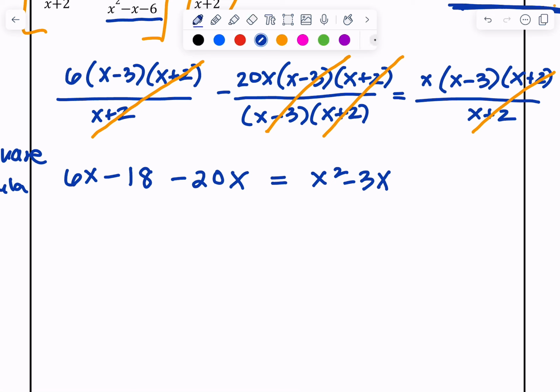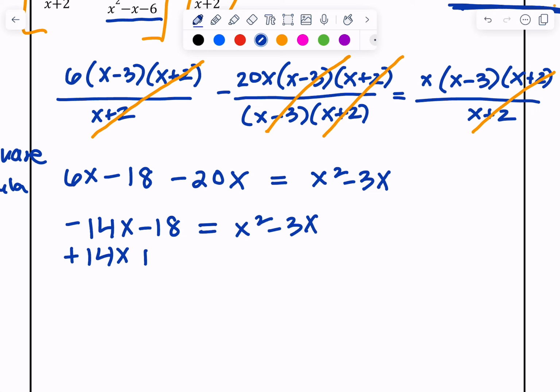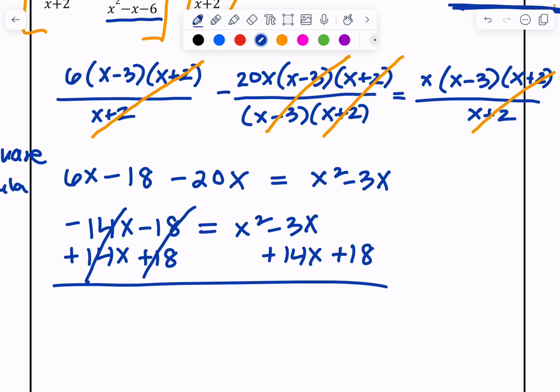Okay, so here I'm going to have negative 14x minus 18 is equal to x squared minus 3x. I'm going to add 14x and add 18. So I'm going to have 0 equals x squared plus 11x plus 18.